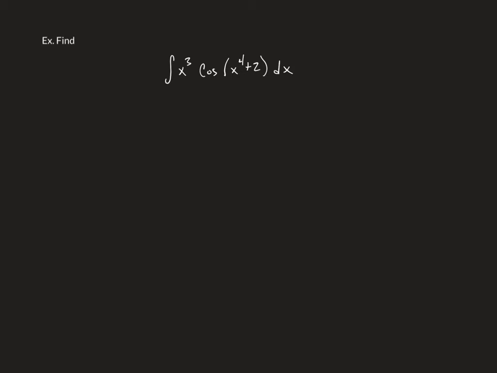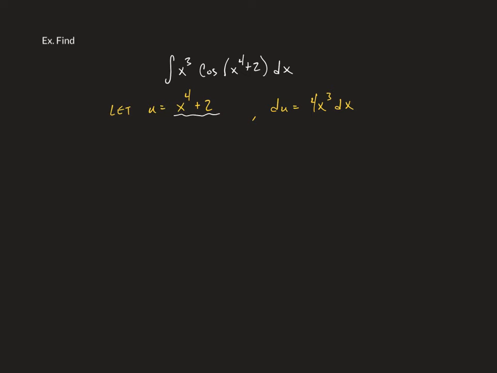So I'm going to let u equal x to the fourth plus 2. And if that's the case, then du is equal to 4x to the third dx. Now we want to make sure that we've got every component of this function covered here. So I'm just going to think about things.